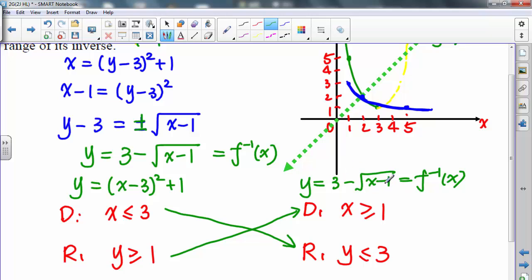Because when we look for the inverse, I switch x and y around. That means this y is the x in the original one, and this x is the original y. So this y is the original x, so domain becomes range. The x is the original y, so the range becomes the domain in the inverse.